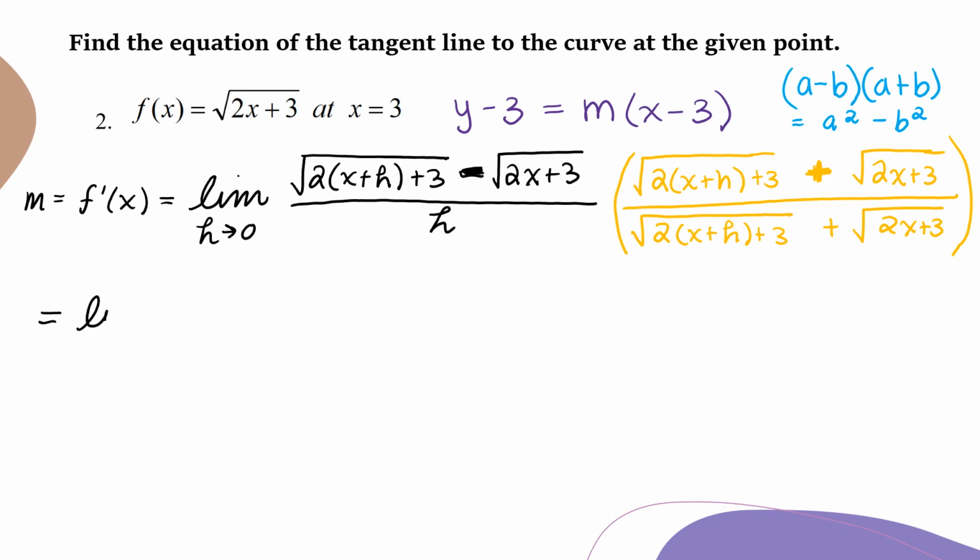So this is equal to the limit as h approaches 0 of this guy squared. And when you square a square root, you remove the square root because those are inverse operations. So we have 2 times x plus h, and I'm going to distribute this. So that's 2x plus 2h plus 3 minus this guy squared.